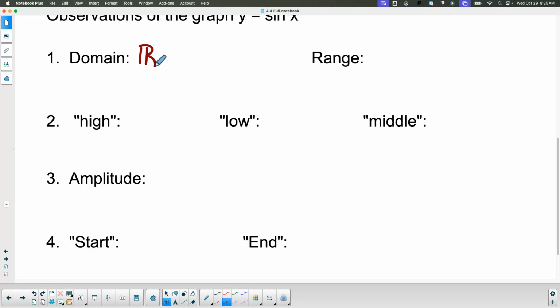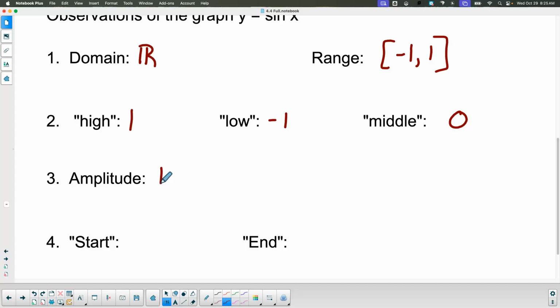Range, that's y's. Lowest, -1. Highest, 1. So that means my range is from -1 to positive 1, which puts my middle at 0, which makes my amplitude 1. Okay, so that's all the verticals.